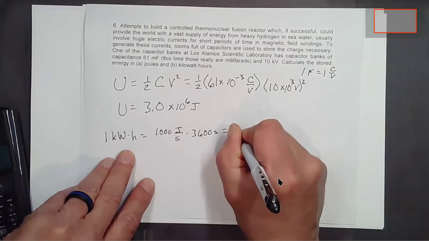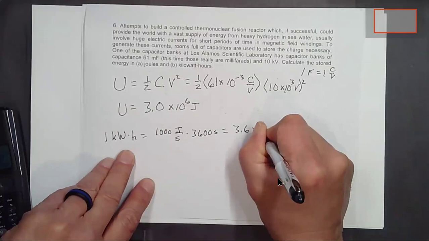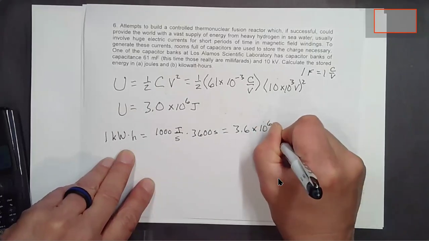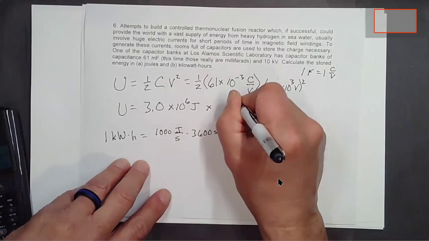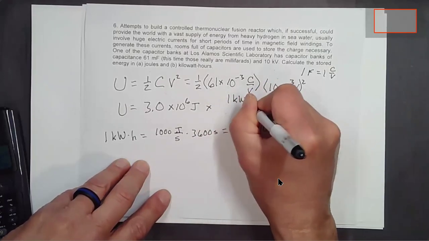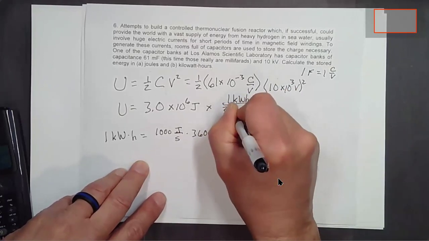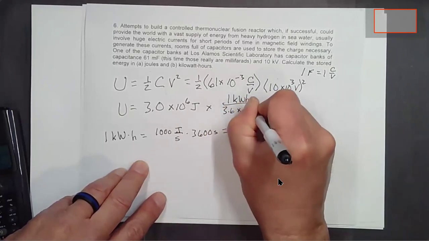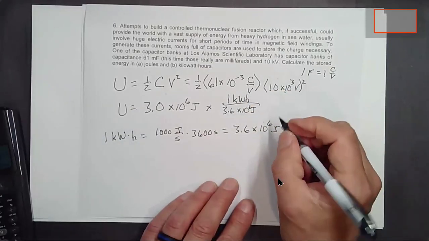This ends up being 3.6 times 10 to the sixth joules. So if we multiply that by 1 kWh over 3.6 times 10 to the sixth joules, you're going to get 5/6 of a kilowatt hour.